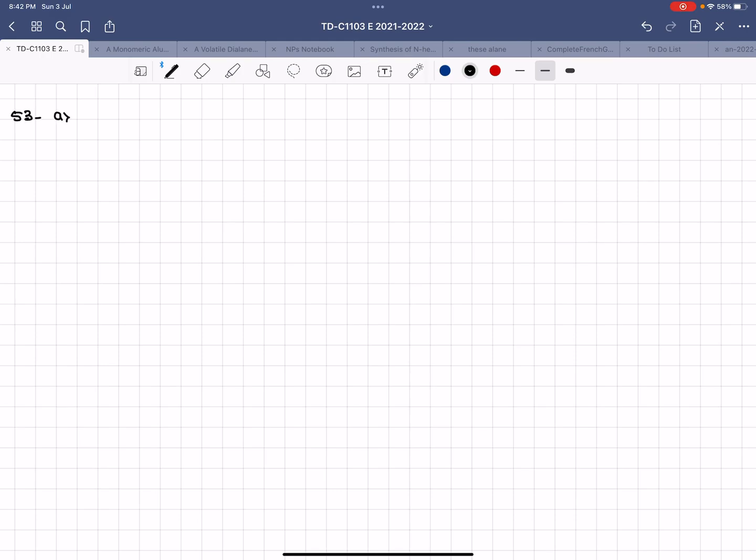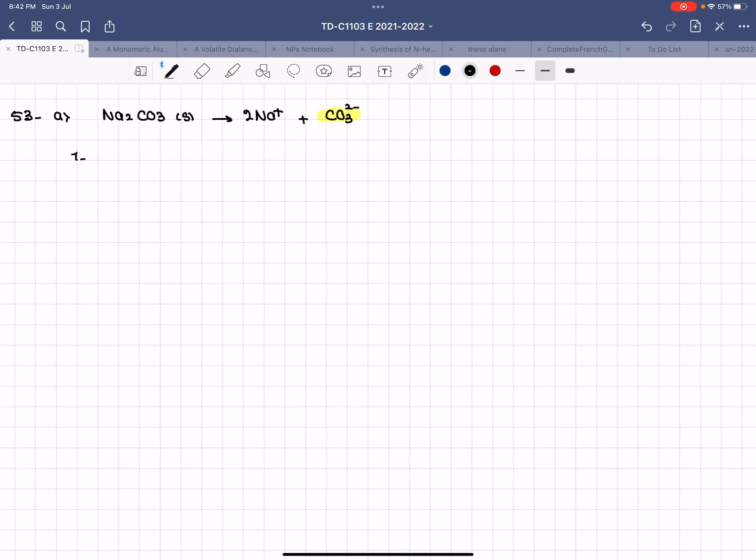53, part A. First of all, we have to write the hydrolysis reactions and specify KB1 and KB2. It's a dibase, Na2CO3. This is a salt. It will go into 2Na+ plus CO3 2-. Now this is your active species.